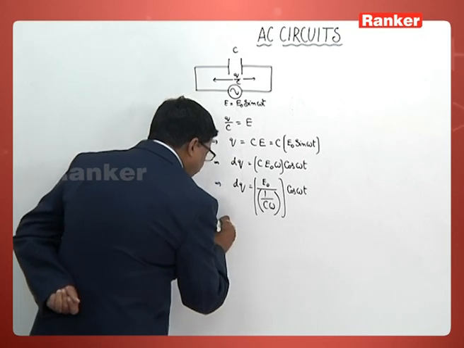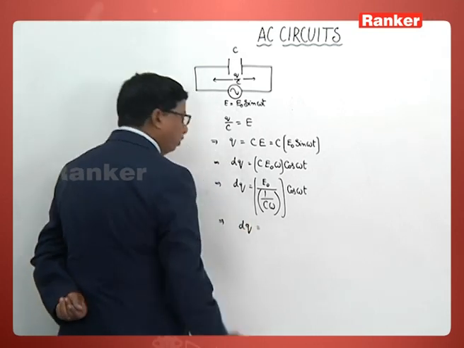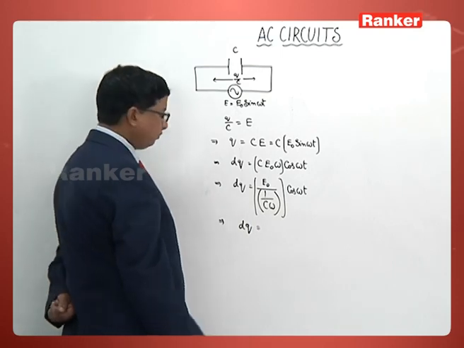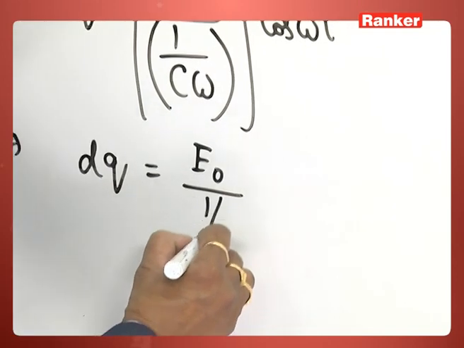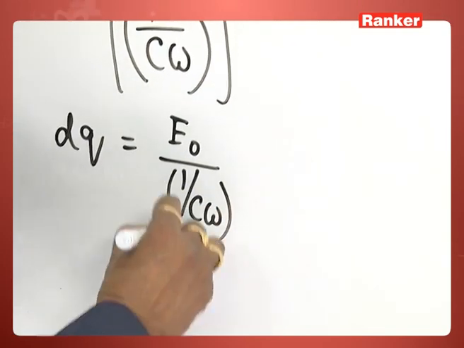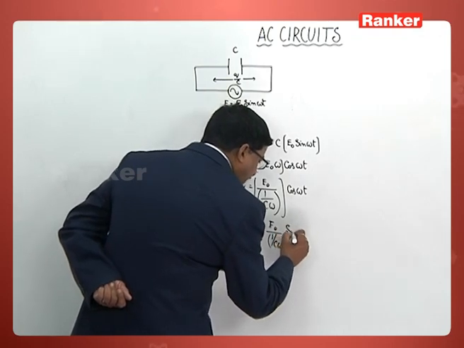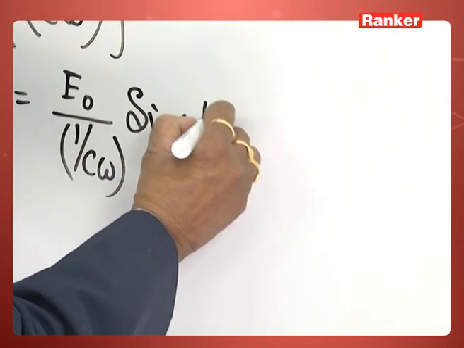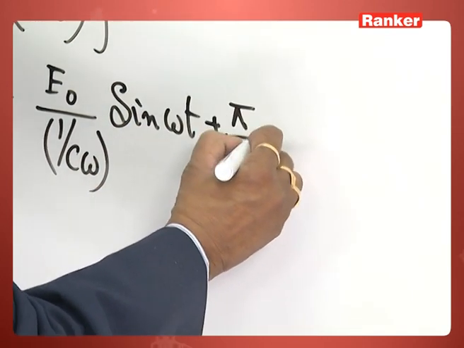But of course, this can be rewritten this way. dq is equal to E naught by 1 by c omega. This cos omega t can now be written as sin of omega t plus pi by 2.